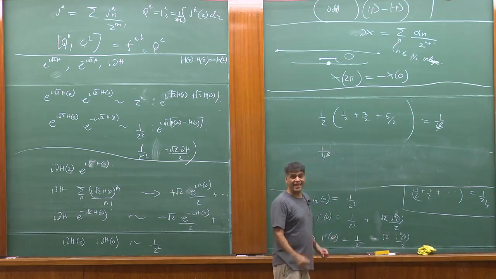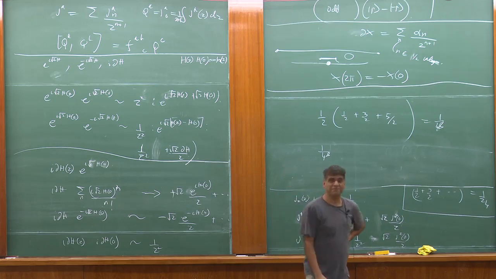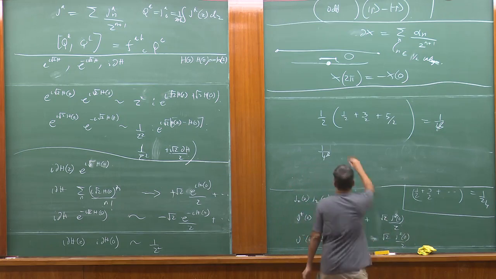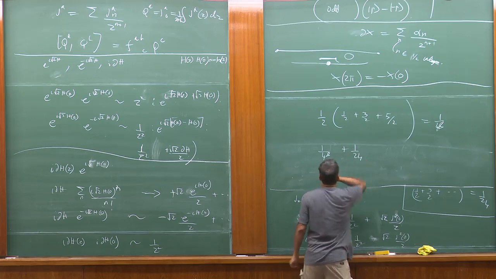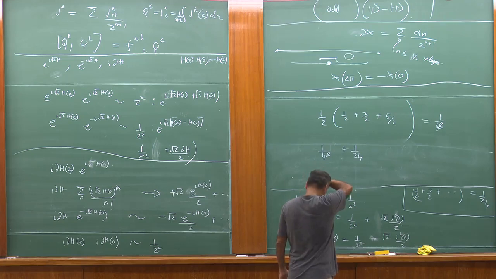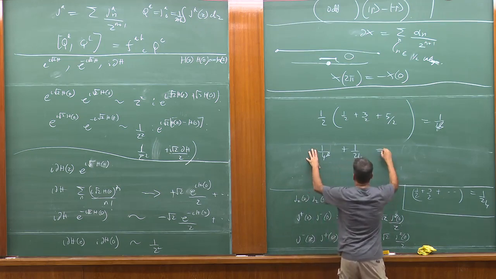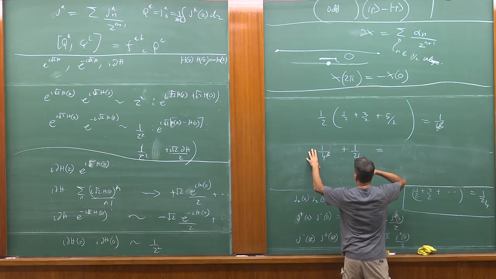And then in order to get the dimension, we're supposed to add c by 24, so plus 1 by 24. Last time we got minus 1 by 24 plus 1 by 24. So that's 3 by 48.